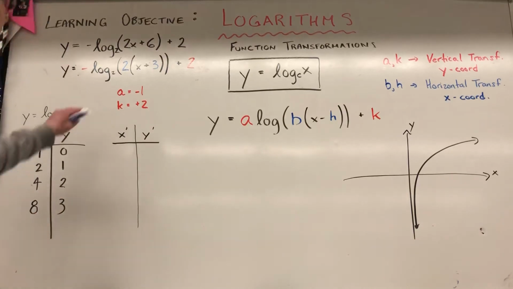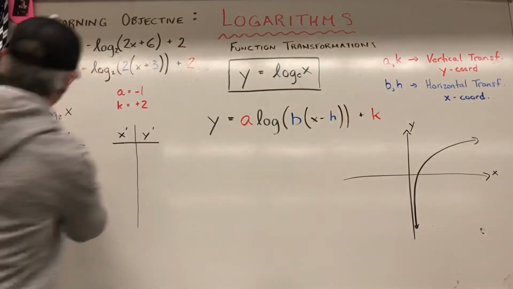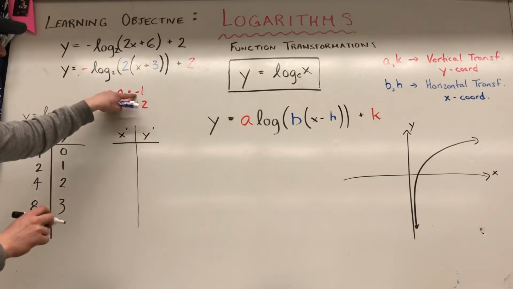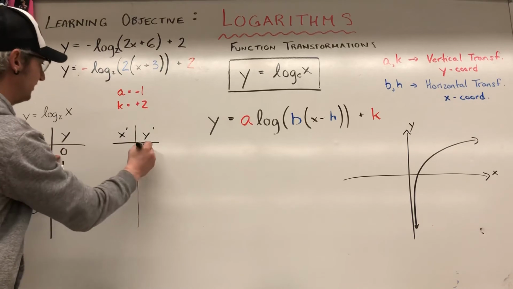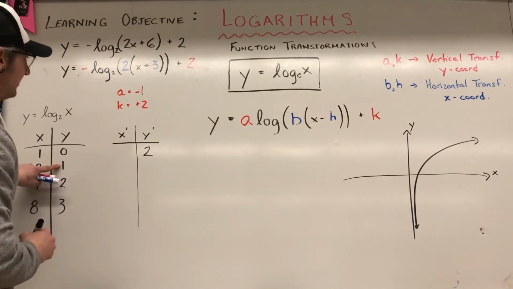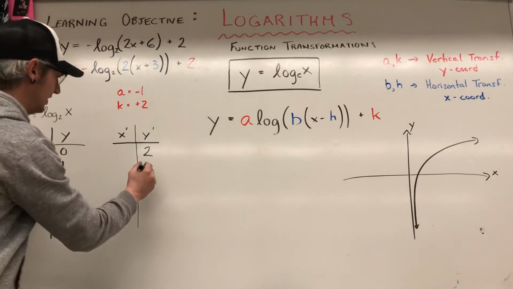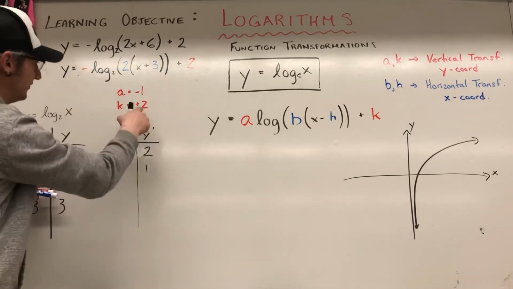A and K deal with y coordinates. Y coordinates are right here. So I'm going to multiply them all by -1 and then add 2. 0 times -1 is 0, plus 2 is 2. 1 times -1 is -1, plus 2 is 1. 2 times -1 is -2, plus 2 is 0.